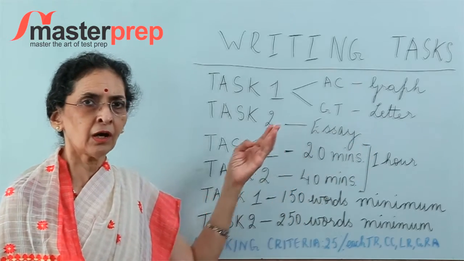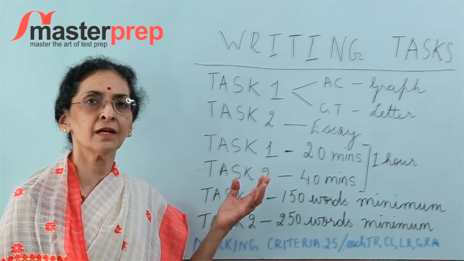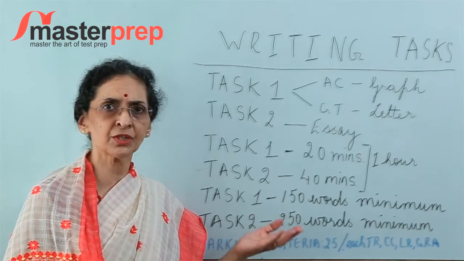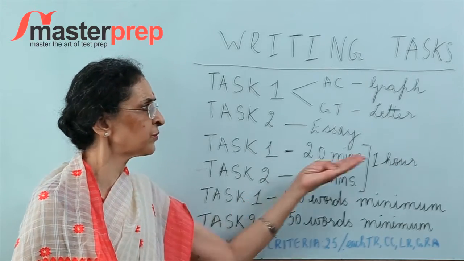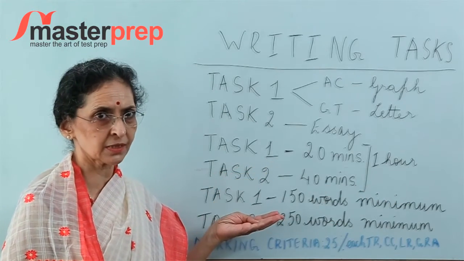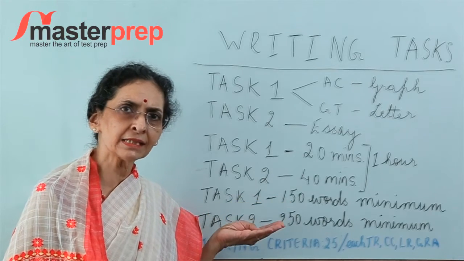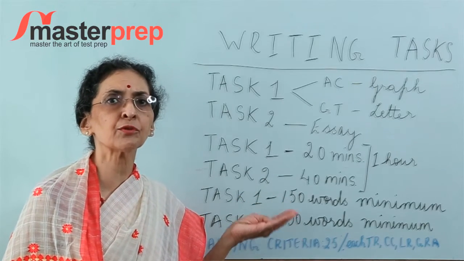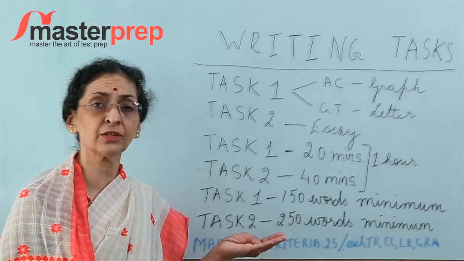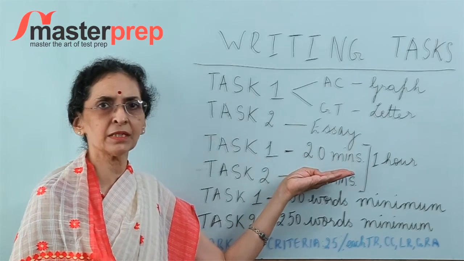Now, how much time do you get to write these? Remember, the IELTS test is based on precision timing as well. So you get a total of 1 hour for both tasks. Now, since task 1 has less weightage in terms of the overall band score that you get, you are required to spend only about 20 minutes on it.